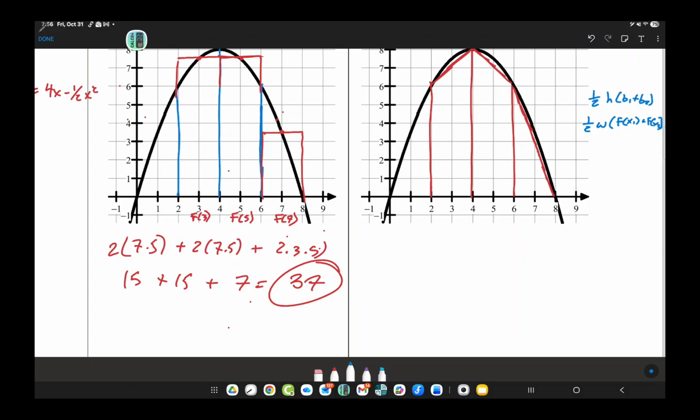So since my width is 2, it's 1/2 of 2 times 6 plus 8, plus 1/2 of 2 times 8 plus 6, and then plus 1/2 of 2 times 6 plus 0.